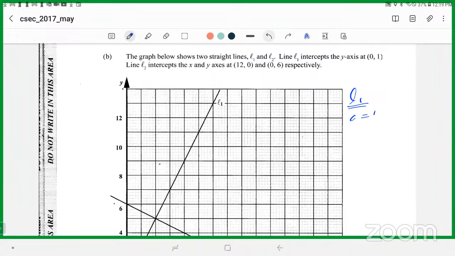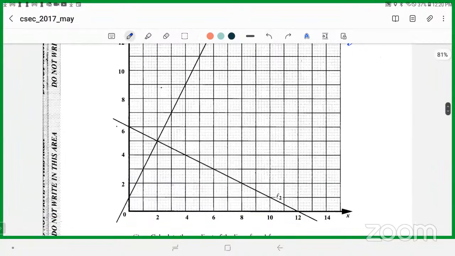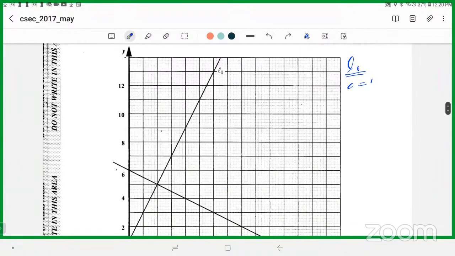And it says line 2 intersects the x and the y-axis at (12, 0) and (0, 6). So (12, 0) is right here, and (0, 6). So on L2, the c value is 6.